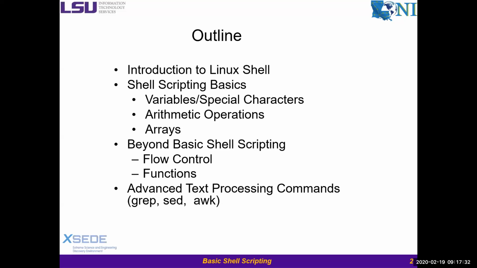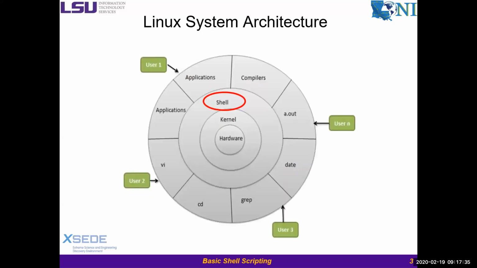We'll give a general introduction to the Linux shell. This is the slide we already used during the first training last month, which is the Linux architecture. I circled the shell in red.